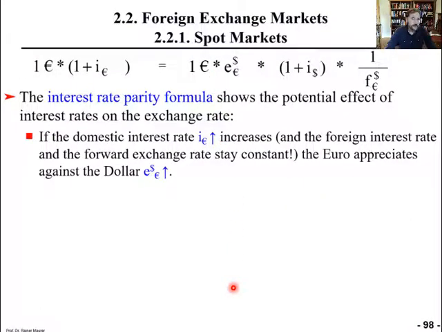The interest parity formula shows the potential effect of interest rate changes, for example, on the exchange rate. If the domestic interest rate increases and the foreign interest rate and the forward exchange rate stay constant, the euro appreciates against the dollar to restore the equilibrium of this equation.